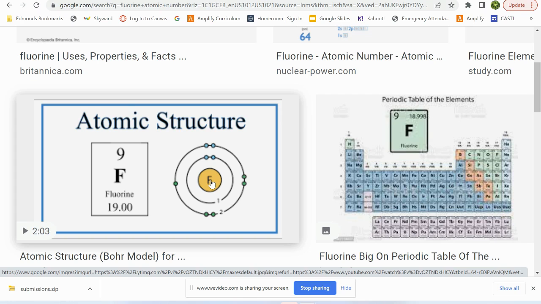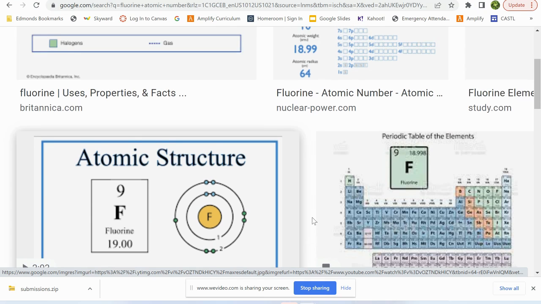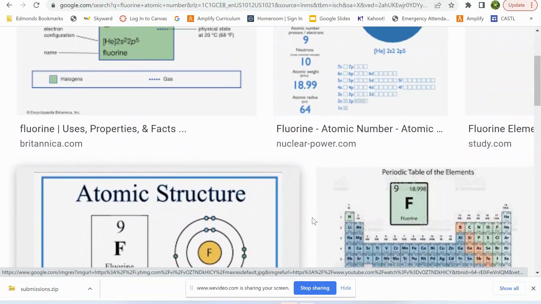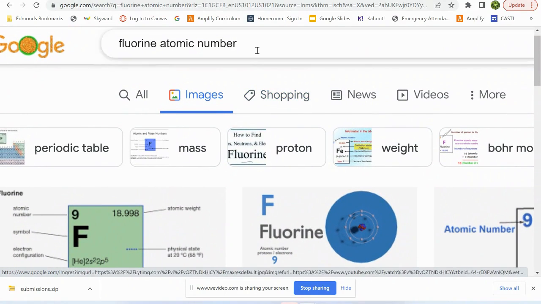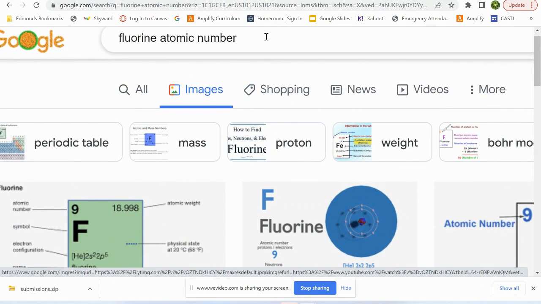So the protons and neutrons go in the center, and then you have 9 electrons on the outside. The first shell can only hold 2. And then the rest, 9 minus 2 is 7, so you have 1, 2, 3, 4, 5, 6, 7 on the outside.